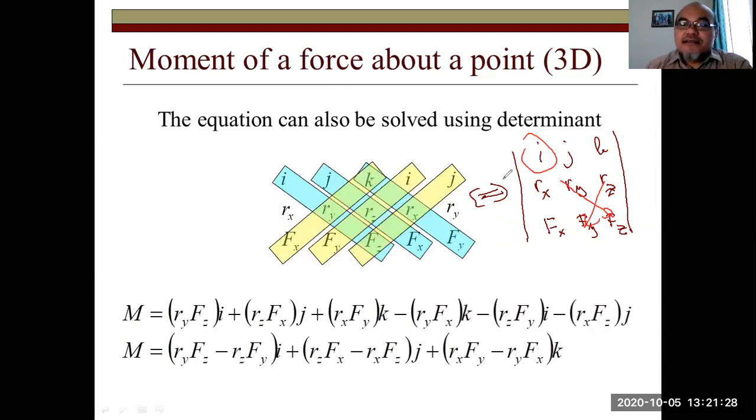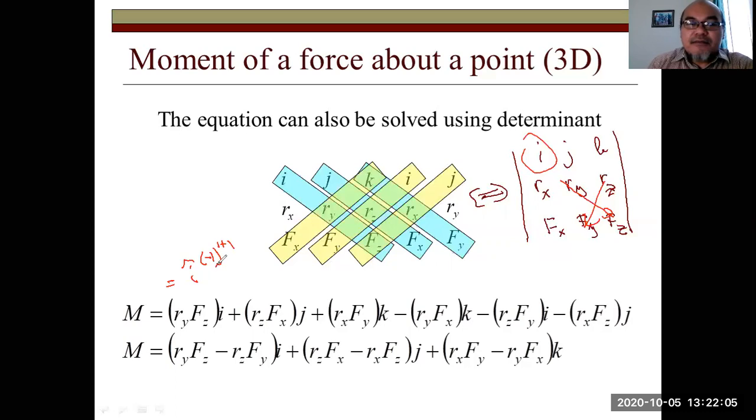Since i is in the first row and the first column, it equals i multiplied by minus 1 to the power of first row plus first column, which is 1 plus 1, power 2, equal to 1.